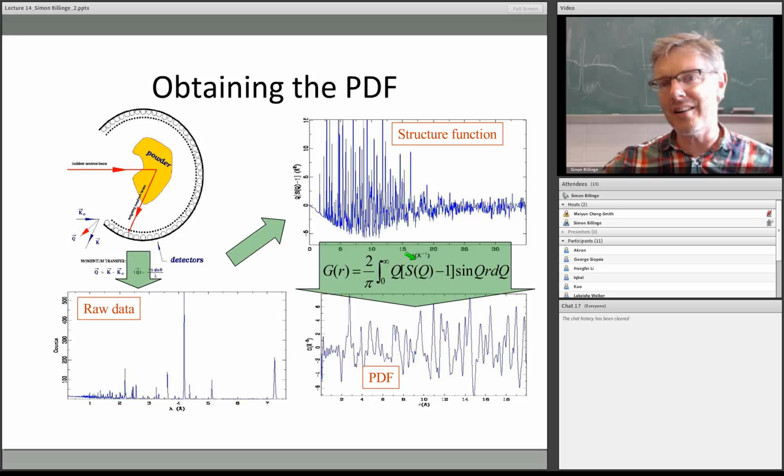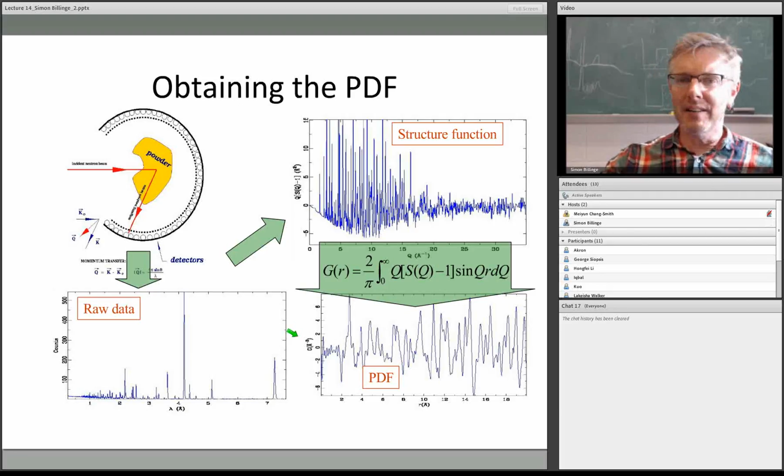So G of R is a function in real space. It's a little small here to see. But on this axis, this axis is R, the unit is angstroms, and this number here is 10. So 10 angstroms is 1 nanometer, so this point right here is 1 nanometer. This axis here is G of R. G of R is a probability.